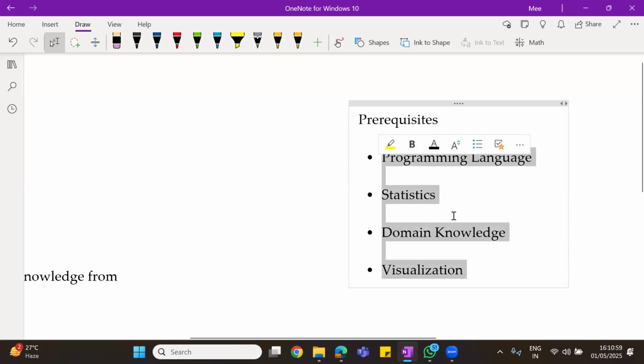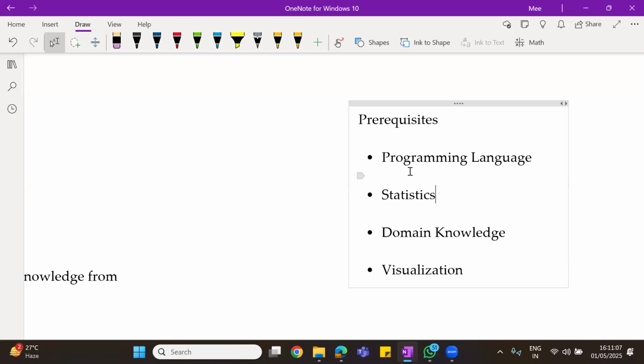Just a small example: if you want to become a Java developer, all you have to do is learn Java, and you will become a Java developer. If you want to become a Python developer, all you have to do is learn Python and you will become a Python developer.